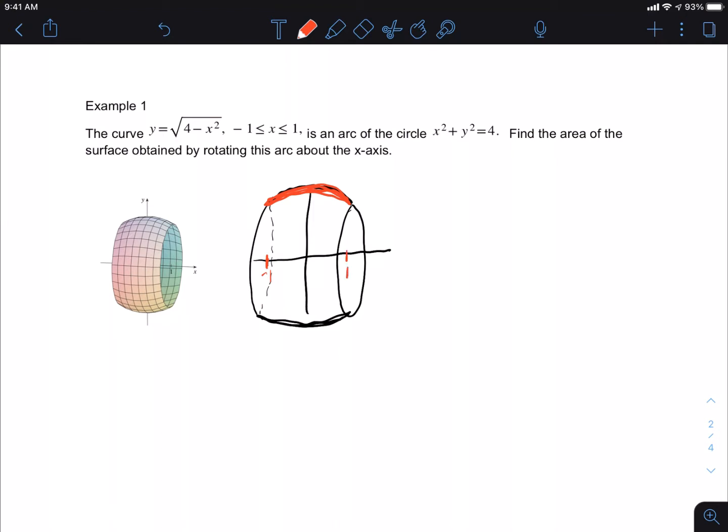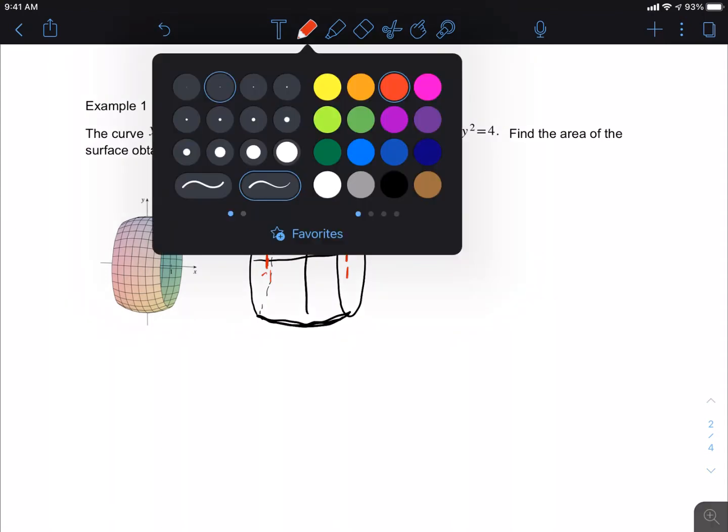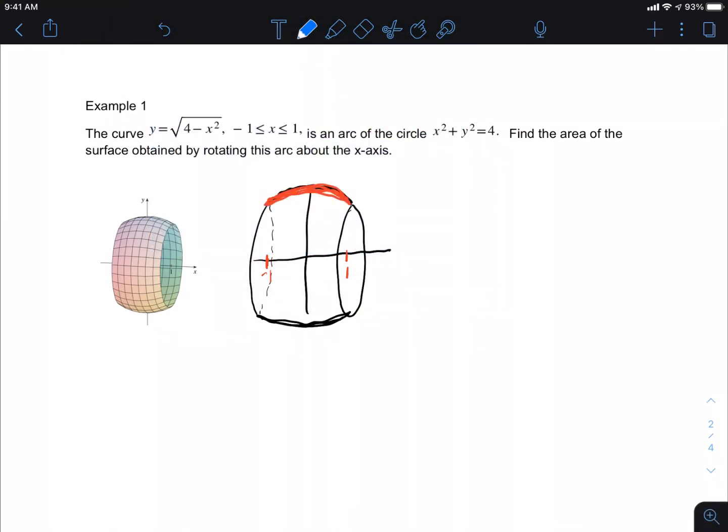So because of that, that dictates which formula we should use when attacking this problem. So that we're consistent, I want to be able to show you. Since we're rotating about the x-axis, this is my radius, correct? And that radius is in terms of how high it is.